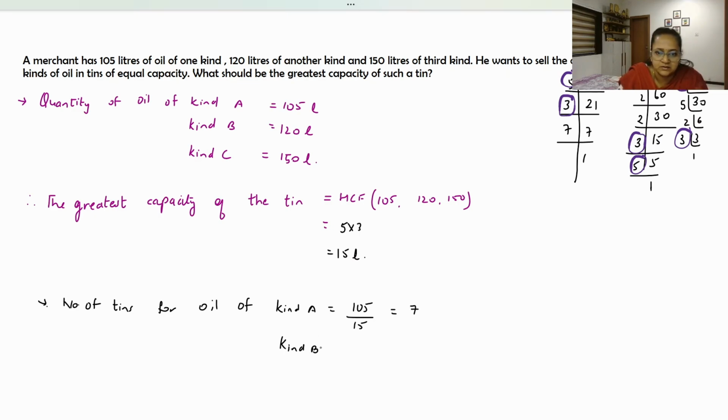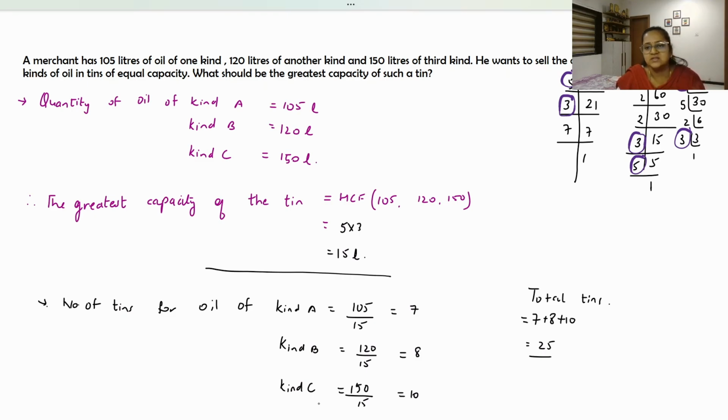Kind B, 120 upon 15, which is 8. And kind C, 150 upon 15, which is 10. So the total would be 7 plus 8 plus 10. Total tins would be 25. The question ends here, but this is in case the question continues. Then you know what to do, right?